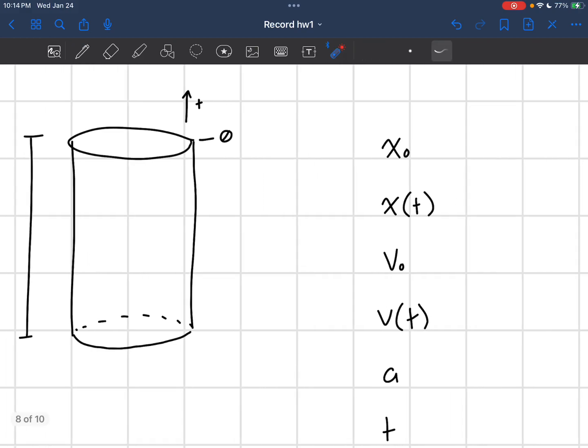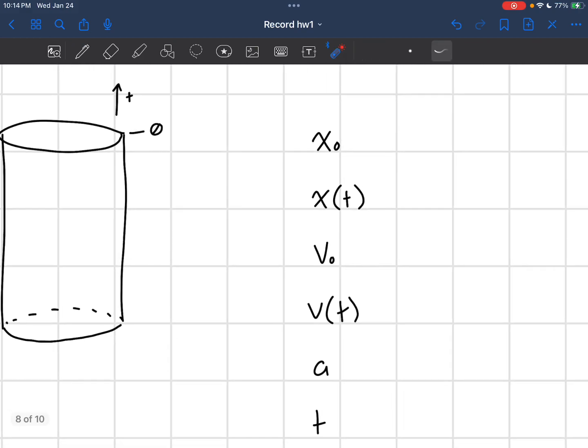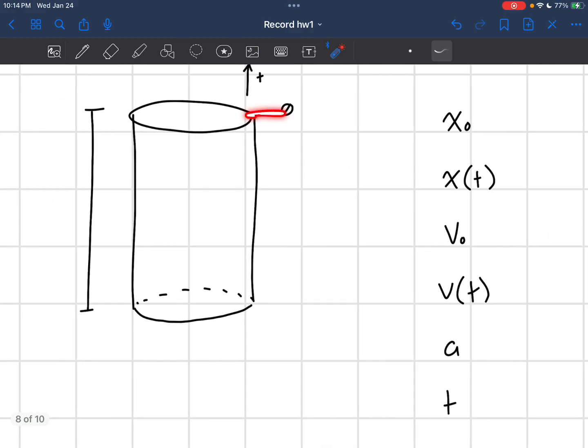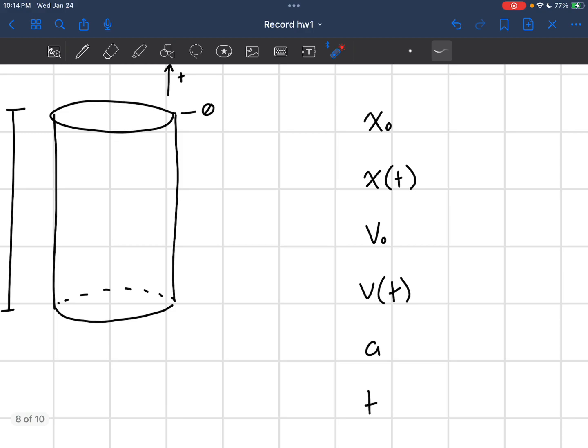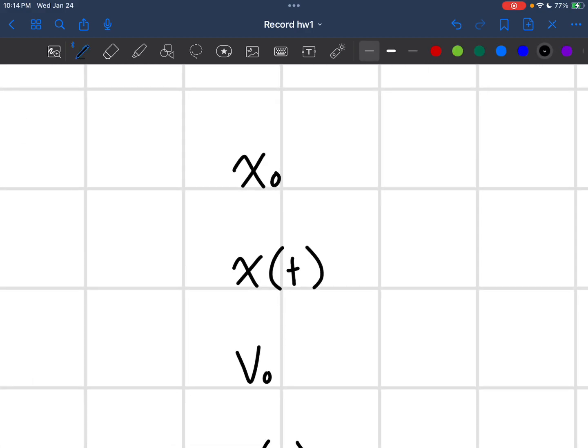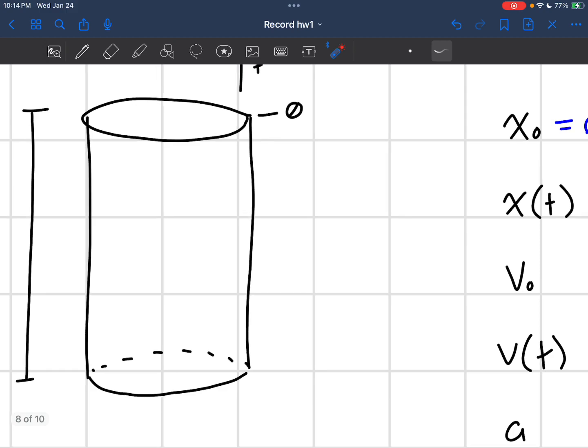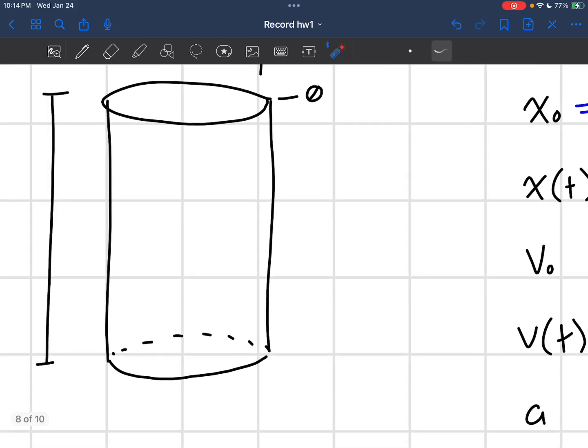In the way I have set up my coordinate system, since I set 0 at the top and the bucket starts at the top, there's my first known value: my initial position is 0, because I set my 0 at my initial position.